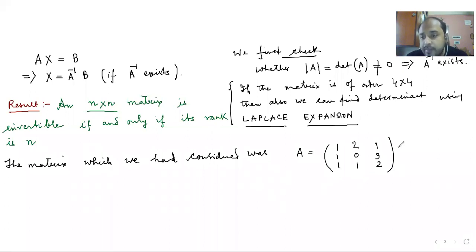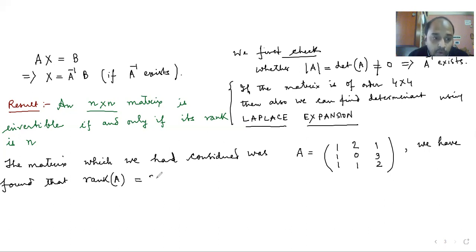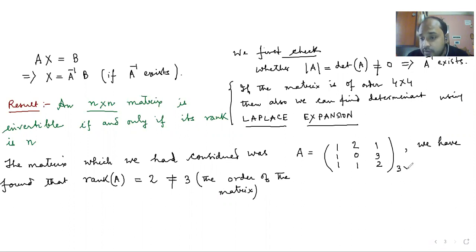And we found that the rank of A is equal to 2, which is not equal to 3, the order of the matrix. What is the order of the matrix? It is 3 by 3.